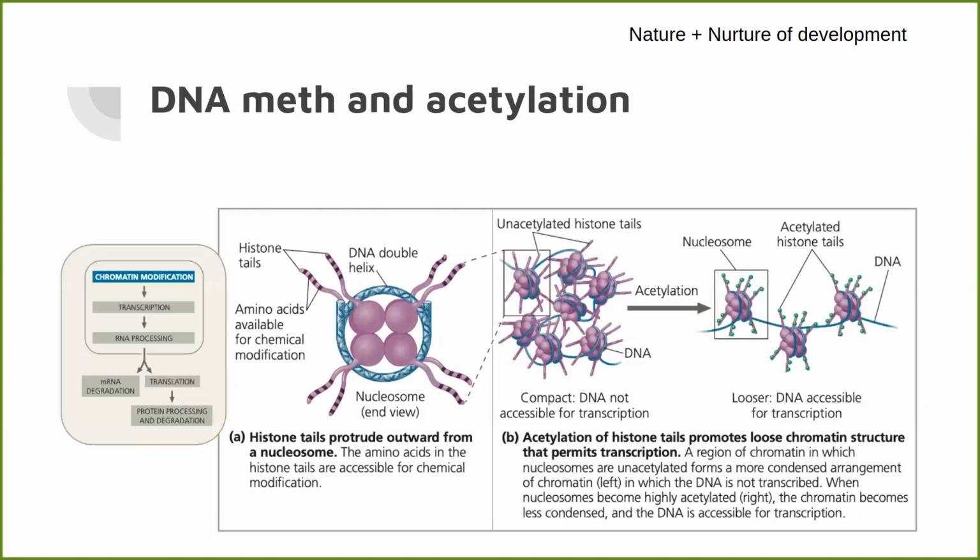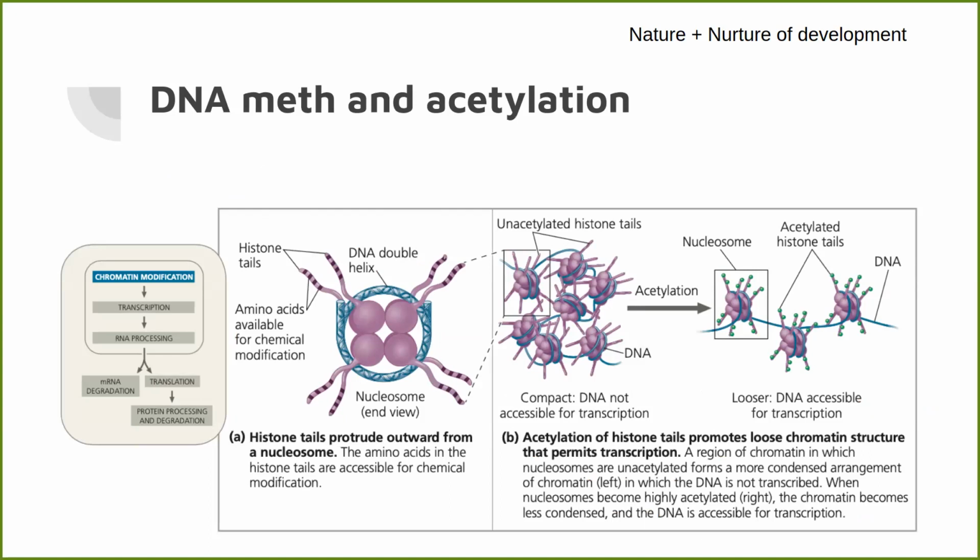Another notable one that's commonly asked is DNA methylation and acetylation. This is from Campbell's. It's a summary of the process. Right? Usually, DNA methylation will decrease transcription of certain parts of the DNA or certain genes, whereas acetylation can increase it.